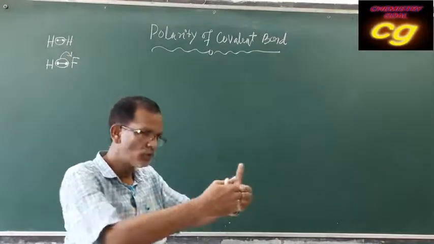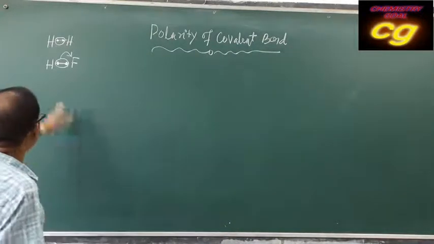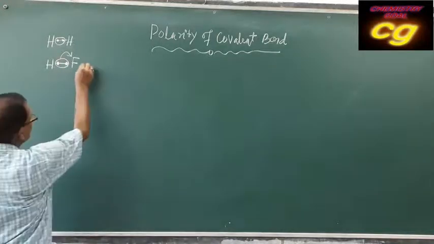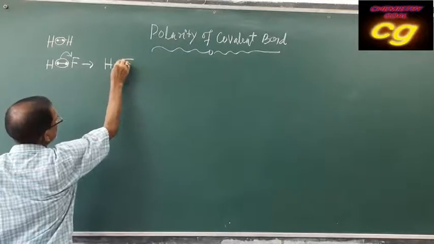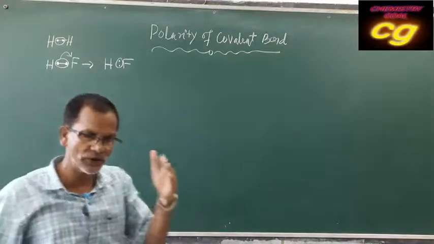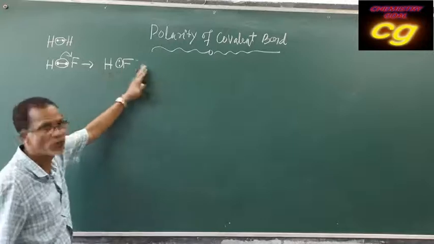When it is attracted towards fluorine, the electrons remain closer to the fluorine atom. It will remain very close to fluorine because fluorine has more attracting power compared to hydrogen. It will be shifted towards fluorine.